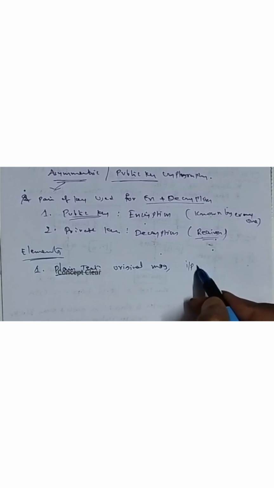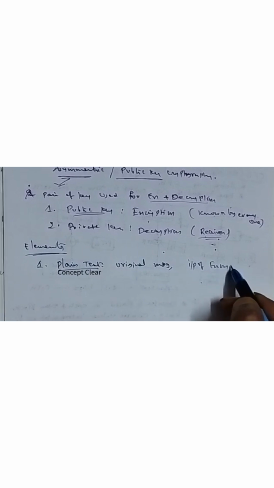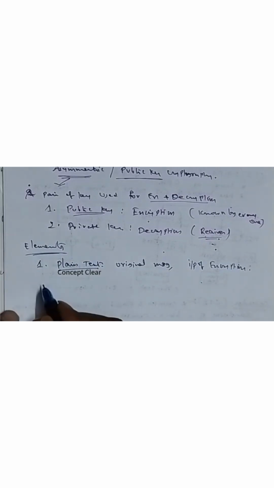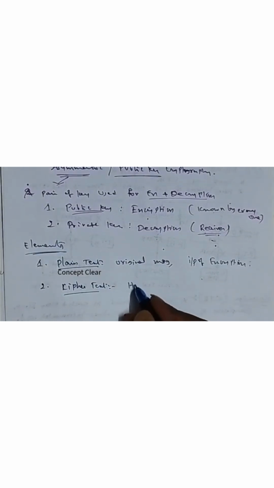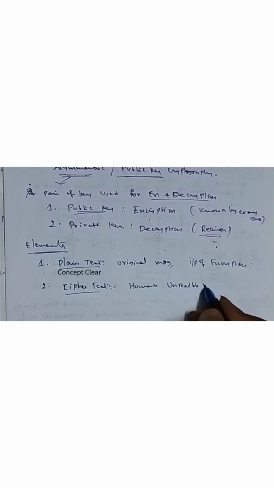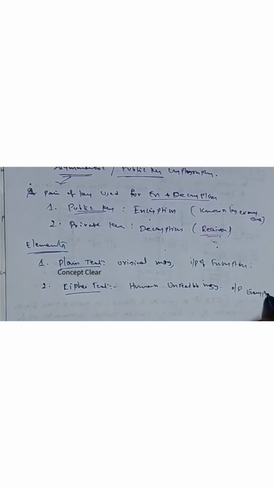It is the input of encryption. The second element is ciphertext. What is the ciphertext? The human unreadable message is the output of encryption. Okay, next.